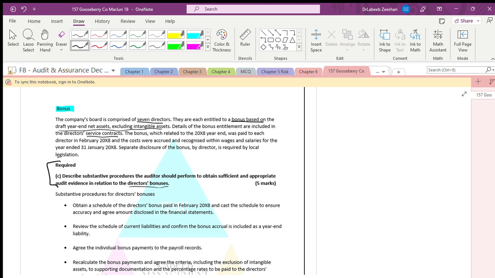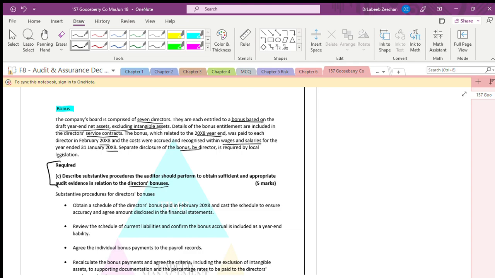The bonus related to the previous year-end was paid to each director in February 2008. Fine. The cost is accrued and recognized within wages and salaries. Separate disclosure of bonus by director is required by law.